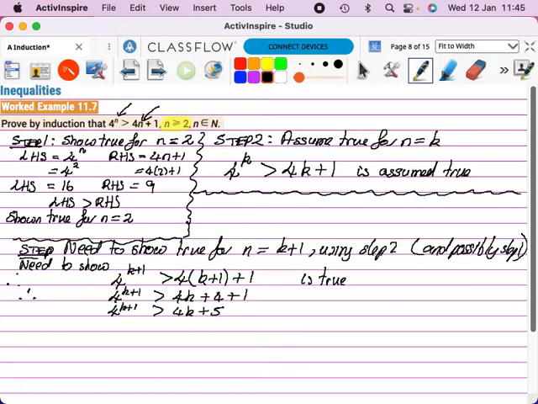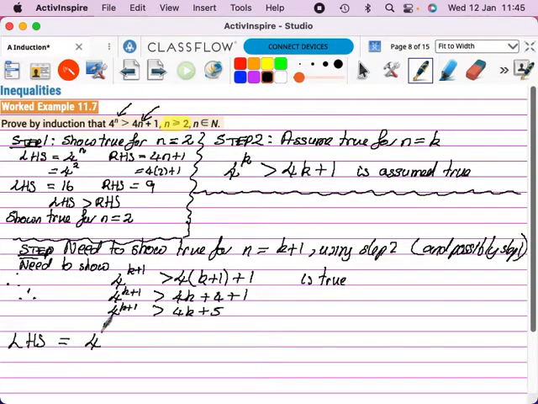So let's get the ball rolling. So we start off with the left-hand side, and the left-hand side is 4 to the power of k plus 1. And you're guaranteed method marks for this because you should know by now there's only one thing you can do with this. We've got a power 4 to the k plus 1. And the only thing we can do is use the laws of indices on it.